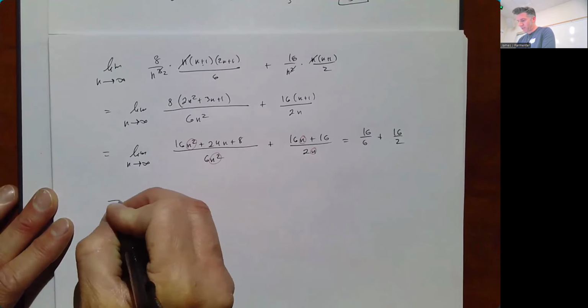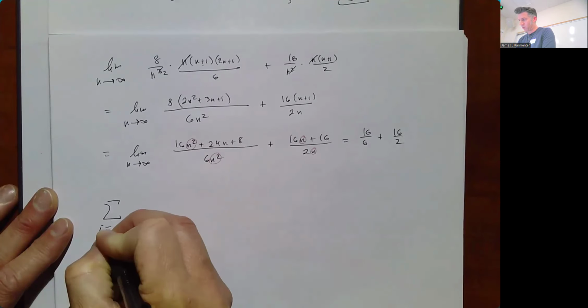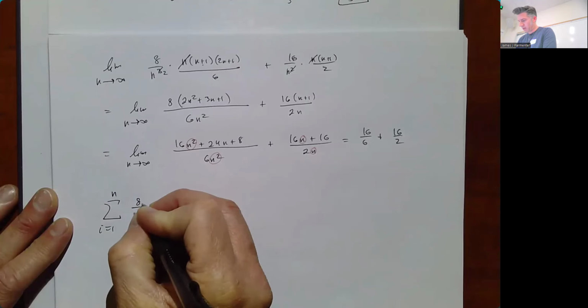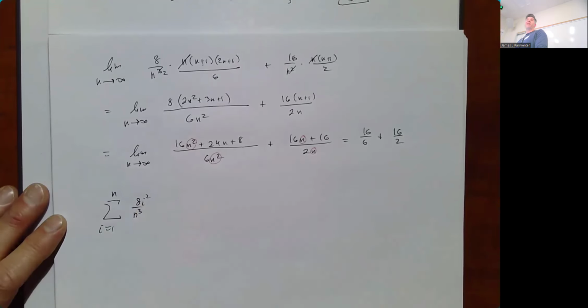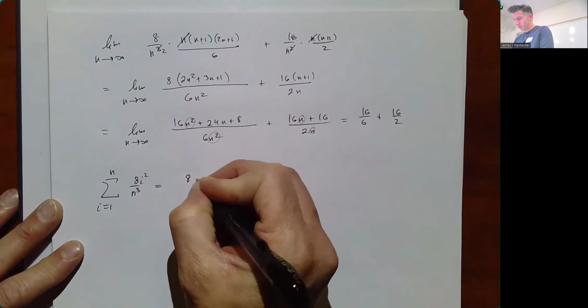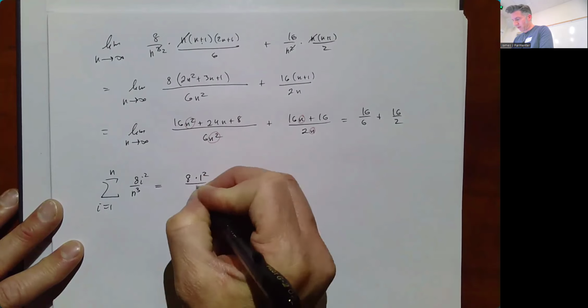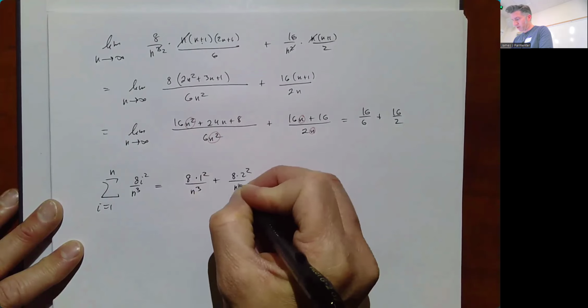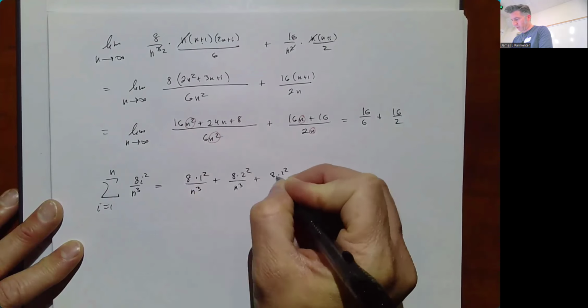If I have the sum from i equals 1 to n of 8 over n cubed times i squared, I'm going to write it out the long way. So I plug in 1, I get 8 times 1 squared over n cubed, plus 8 times 2 squared over n cubed, plus 8 times 3 squared over n cubed.